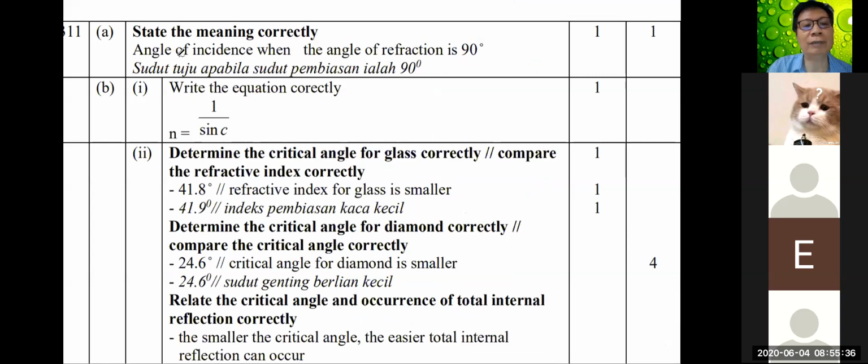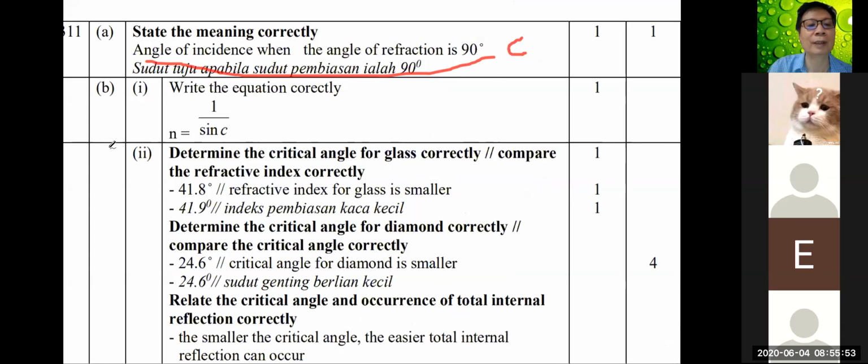What is the meaning of critical angle? The answer is the angle of incidence where the angle of refraction is 90 degrees. This is the answer. What is the meaning of critical angle? It is the angle of incidence when the angle of refraction is 90.